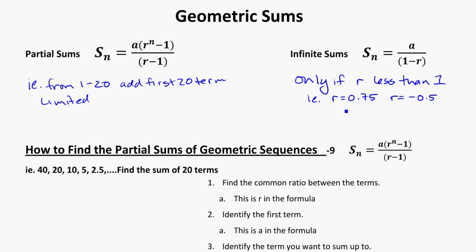Less than 1 works, but really it's anything between negative 1 and 1. Because we can take r values that are less than 1 down to 0, but we can also take r values that are between negative 1 and 0. So really anything from negative 1 to 1 will work. Another example there would be r is equal to 0.33 or something.